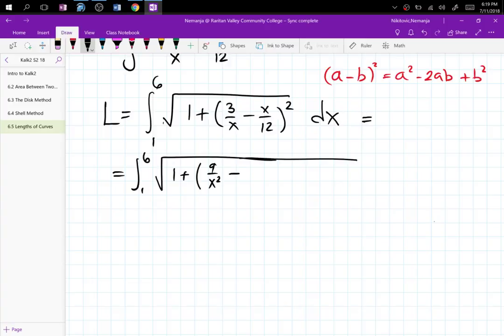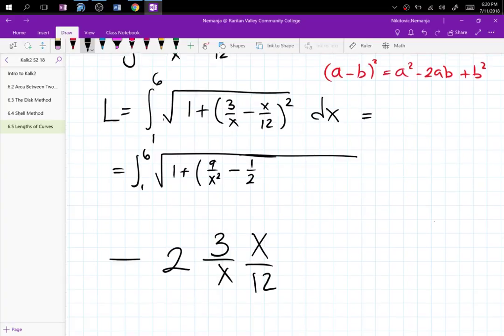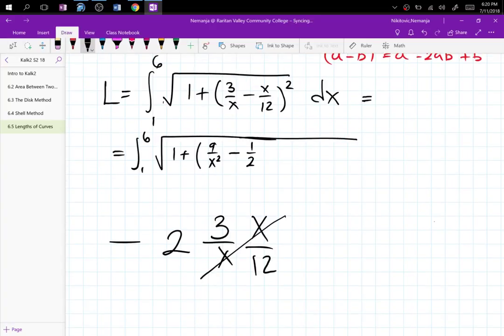So now we multiply these two. X's will cancel. 3 and this will cancel. Times 2, we get a half. Did you follow that? Let's do it on the side. 2 times 3 over x. Well, it's going to be negative. And then you have x over 12. So x and x cancel. 2 times 3 is negative 6 over 12 becomes negative 1/2.